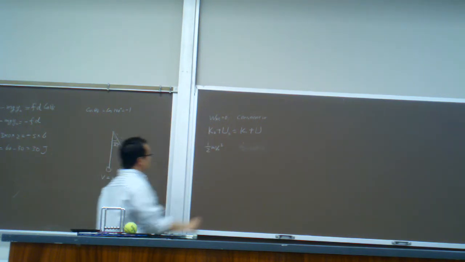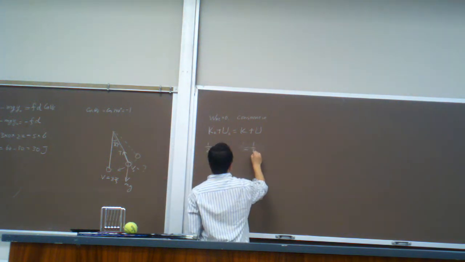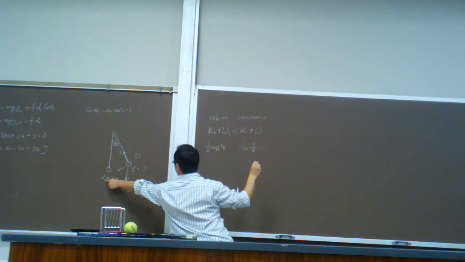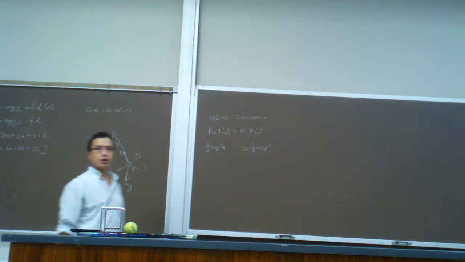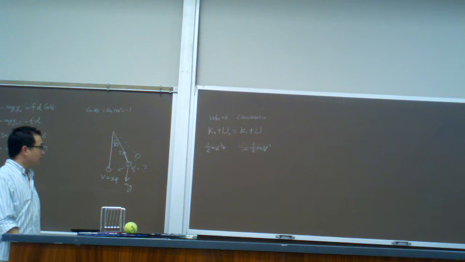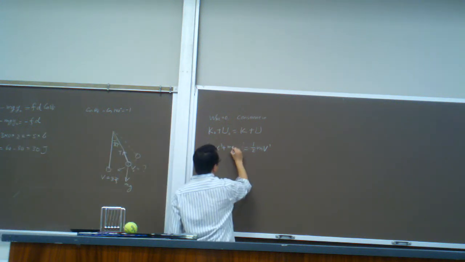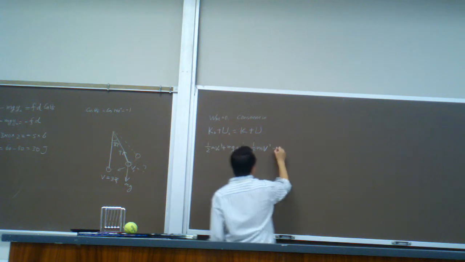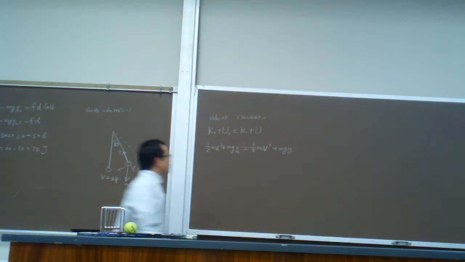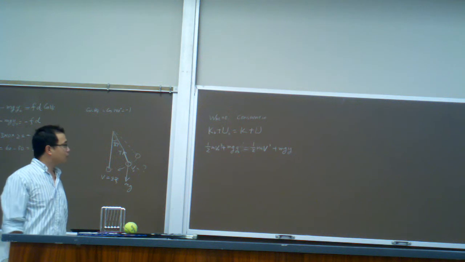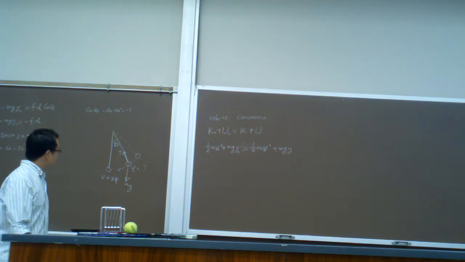And we know the final velocity v, so this term can be calculated: 1/2 m v squared. And then this term m g y naught, this term m g y. So we need to figure out the initial height and the final height.